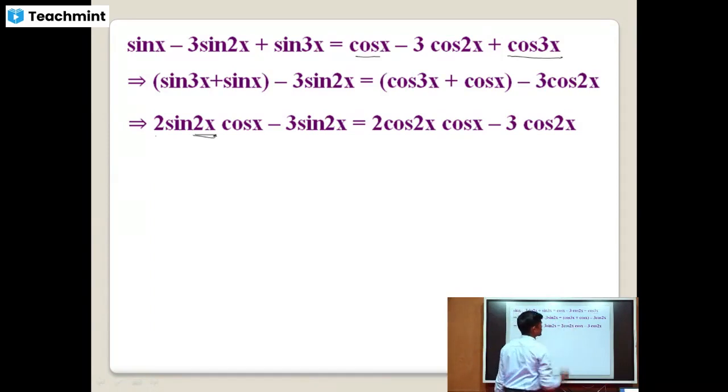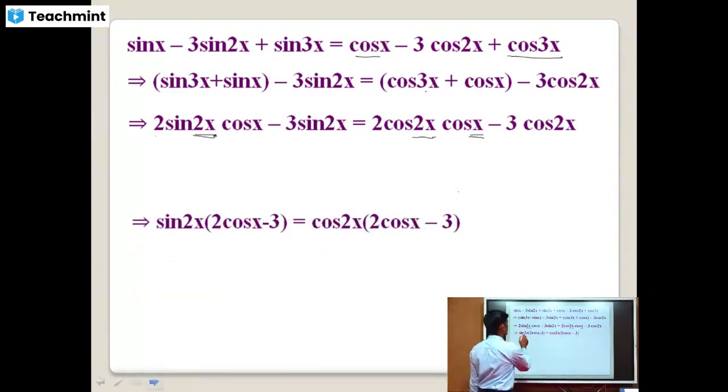Here, cos c plus cos d formula. Cos c plus cos d is equal to 2 cos of c plus d by 2, 3x plus x by 2, into cos of c minus d by 2, 3x minus x, that is 2x by 2, x, minus 3 cos 2x.